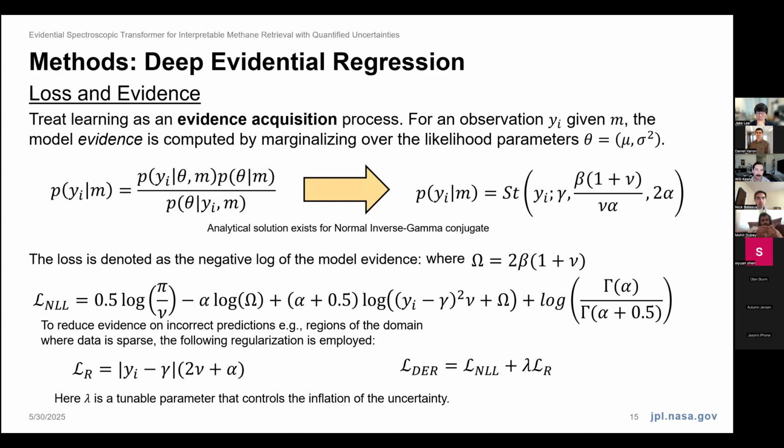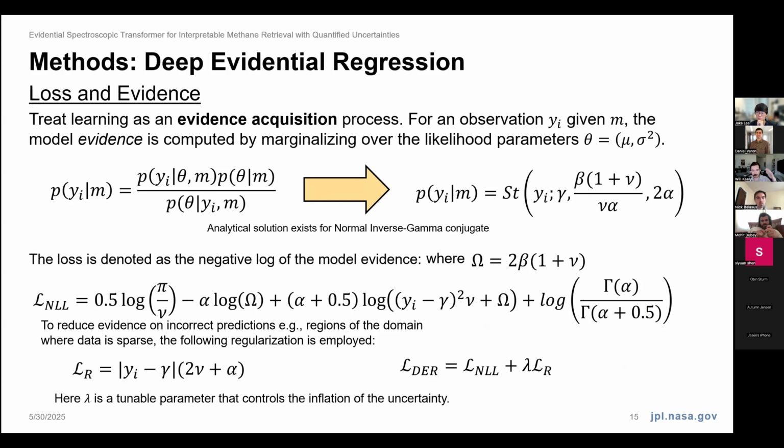So in so many words, evidential methods essentially treat learning as an evidence acquisition process, where if we have sufficient training data and our model is performing well over that data, we want to increase the amount of evidence in that region of the training domain.